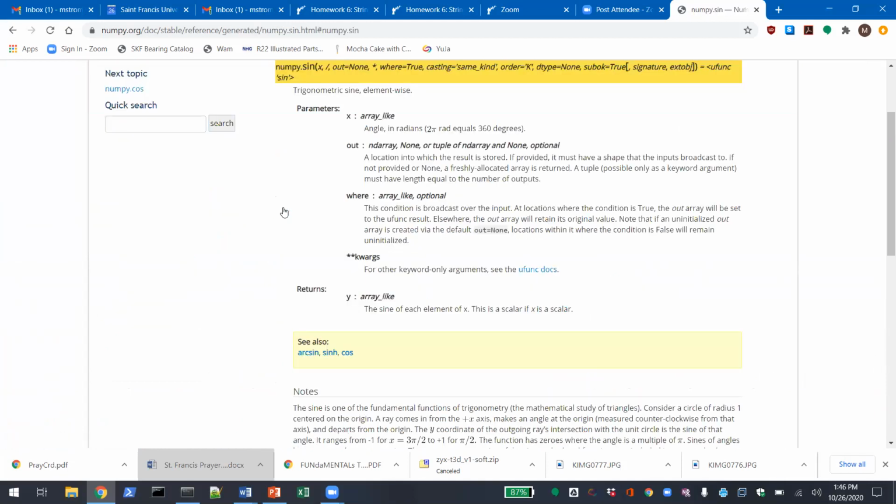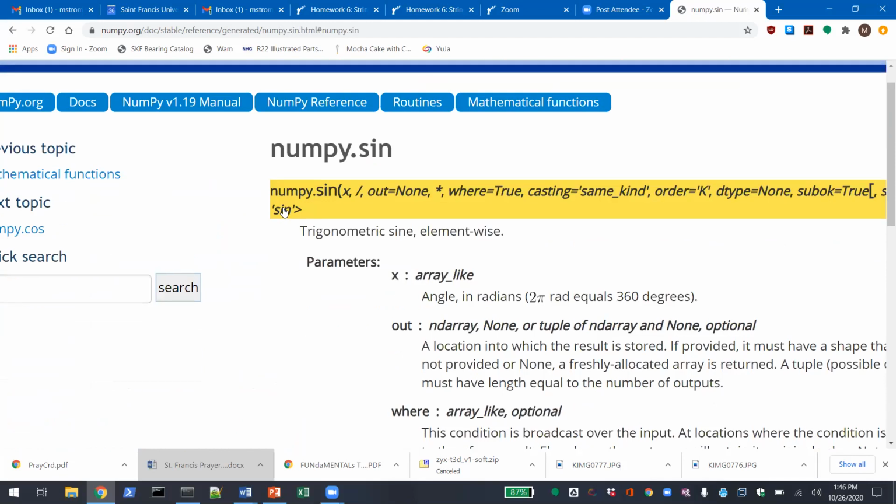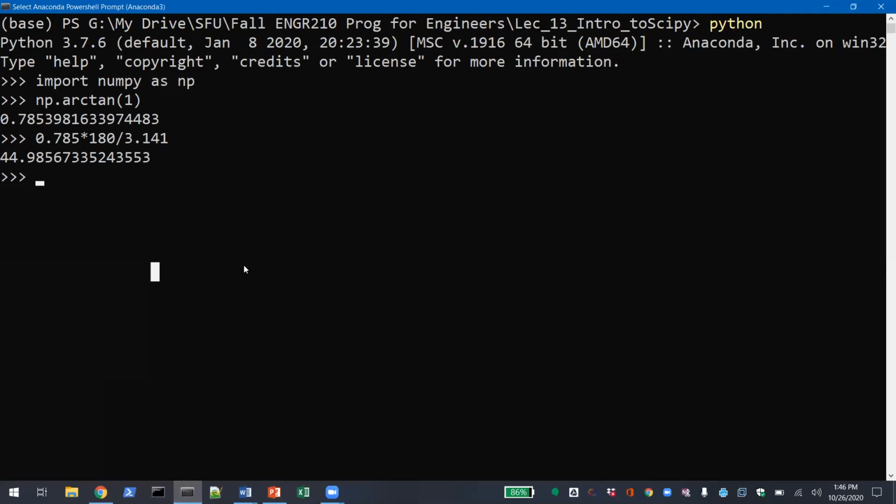Same big things: np.sin is your sine function. Parameters: x, the angle in radians. So this is something else we're going to have to keep in mind. I can't just put 60 degrees, it has to be whatever the radian equivalent is. So I have one more stop in my code before I can start really crunching numbers.